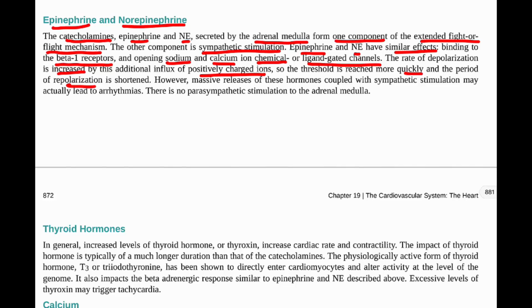It's not going to take as long because we've got another influx of sodium ions. However, massive releases of these hormones coupled with sympathetic stimulation may actually lead to arrhythmia, so that can get all messed up if we have too much of that happening. There is no parasympathetic stimulation in the adrenal medulla. So the adrenal medulla does not affect the parasympathetic section of our cardiac center.